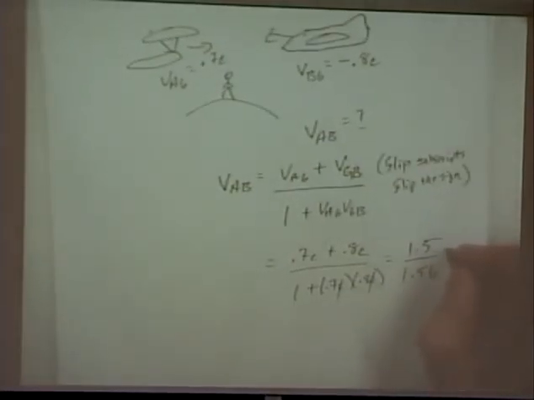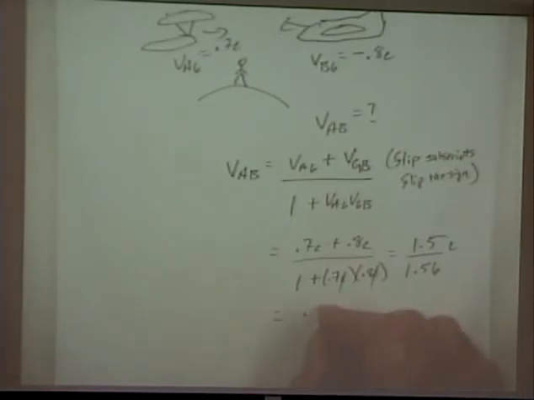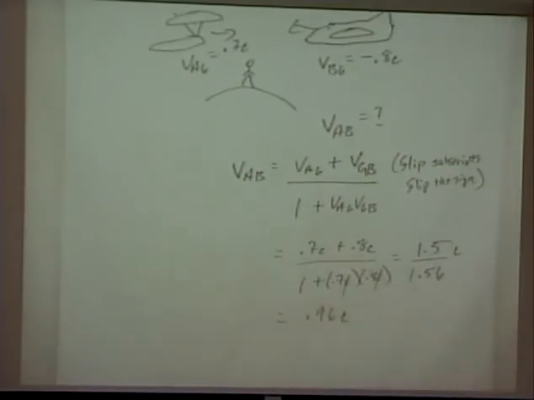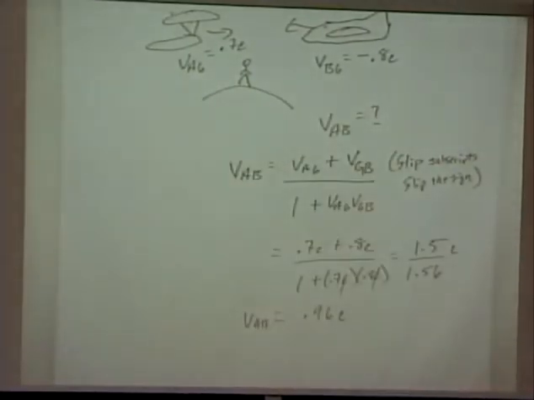No, it's less than 1. So 1.5 c divided by 1.56 equals 0.96 c. That's the velocity of A relative to B.